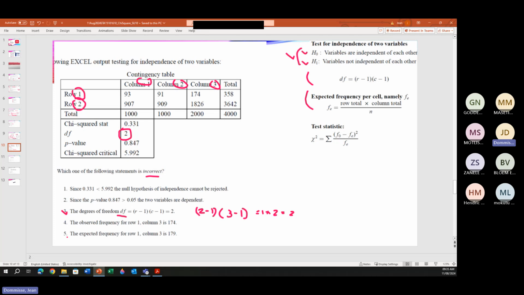So they're asking us in question 5 the expected value of row 1, column 3.